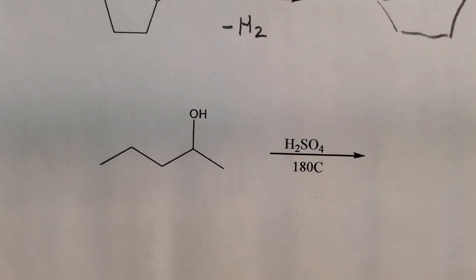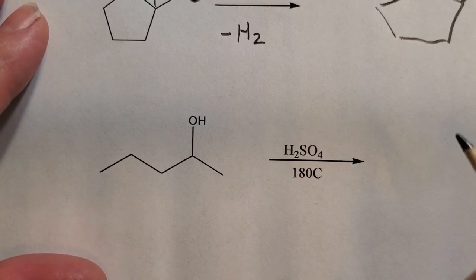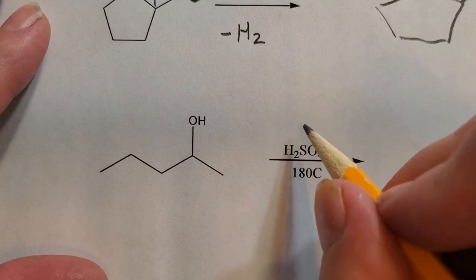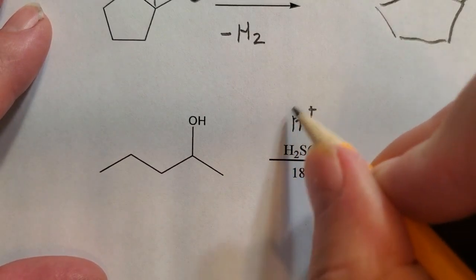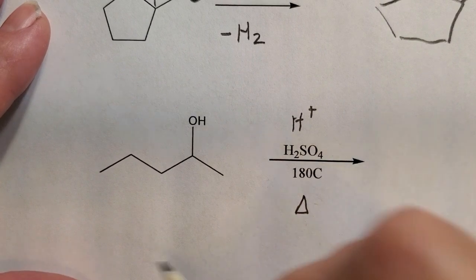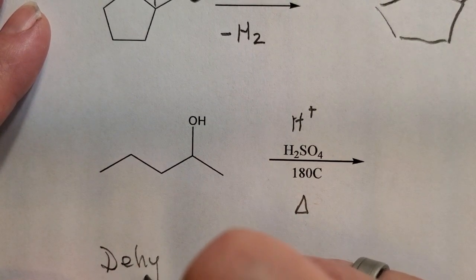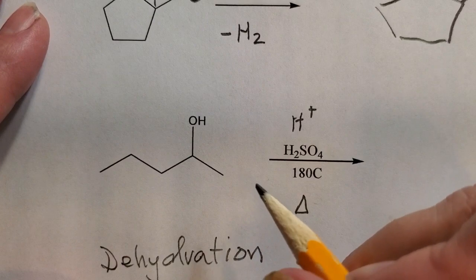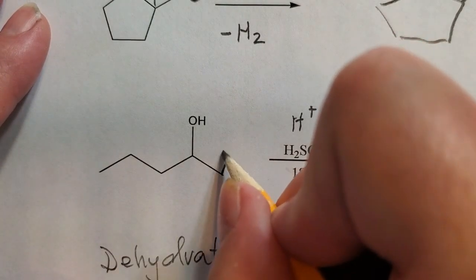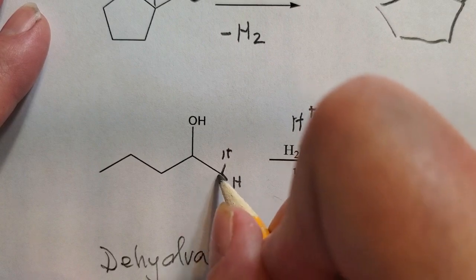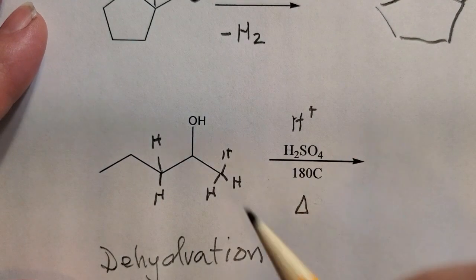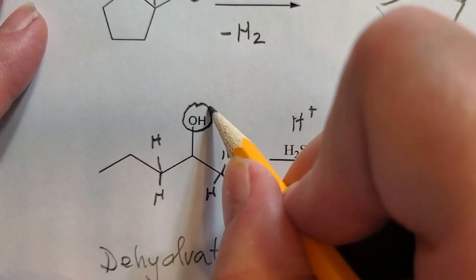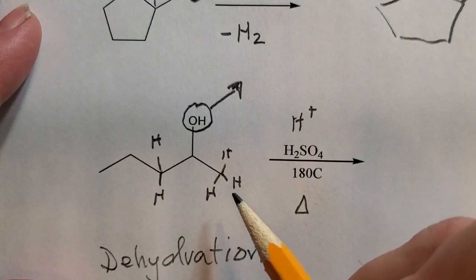And last but not least, this is a dehydration, because H2SO4 is a strong acid and it's heated. So we're going to remove water. I'm going to draw in the hydrogens. So we're definitely going to remove the OH, but which hydrogen are we going to remove?